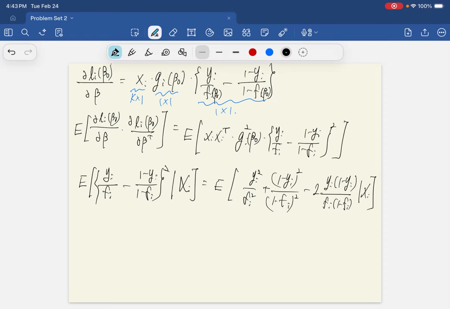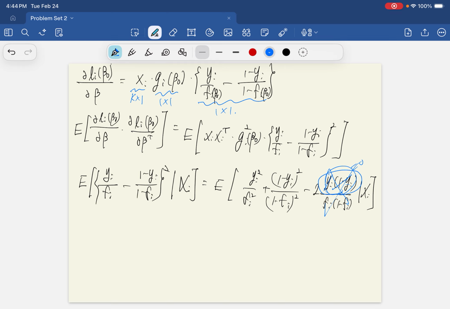Right? So here it looks complicated but actually pretty simple. First, let's look at this. If y is 0, then this is 0. But if y is 1, this is 0. So either case, this multiplication is always 0, right? So we can ignore the third term. And think about this.